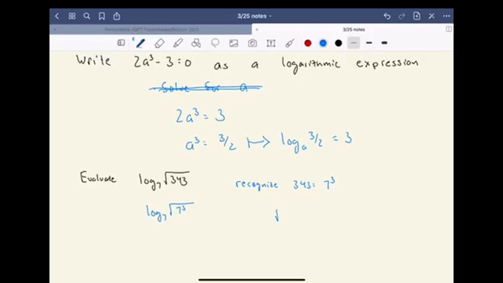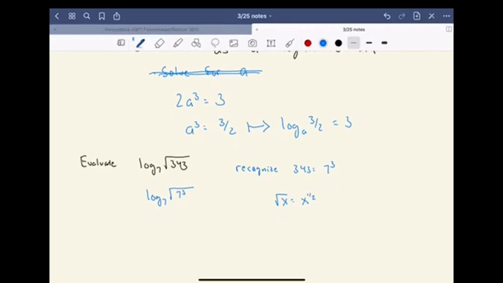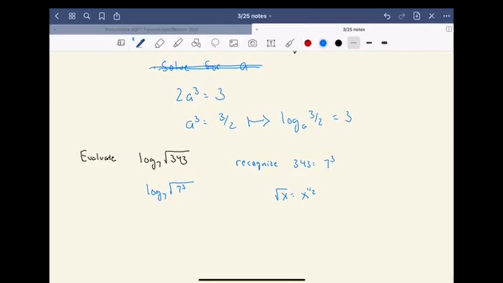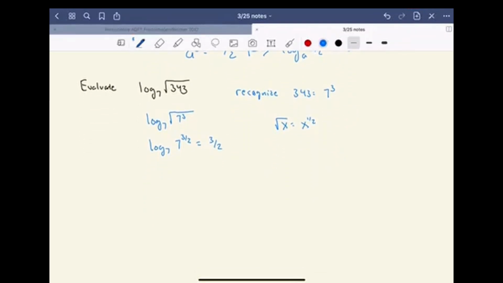Now, square root, remember, is the same thing as taking the power 1/2. So, log base 7 of 7 to the 3/2, and so we get 3/2 back. Okay? All right. Next problem.